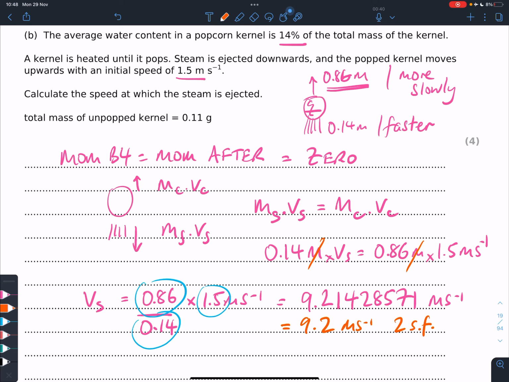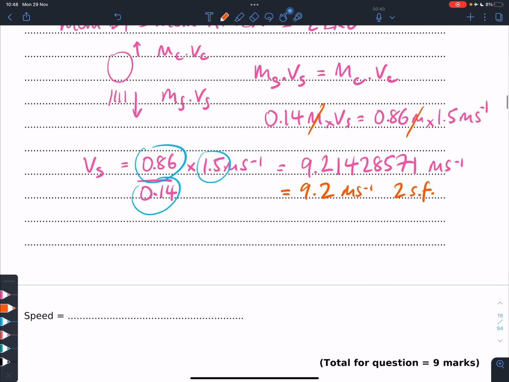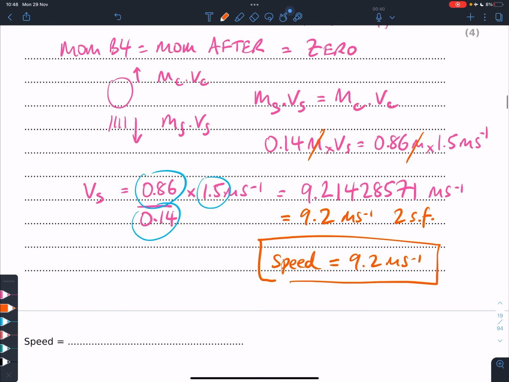Now, notice I didn't even bother putting the mass of the unpopped kernel in because we didn't actually need it, because it's going to cancel. So that saves me a calculation. And that's the answer. So the speed is equal to 9.2 meters per second. I'm not going to write it on the next page because that won't work on the PDFs. So that's it, done.